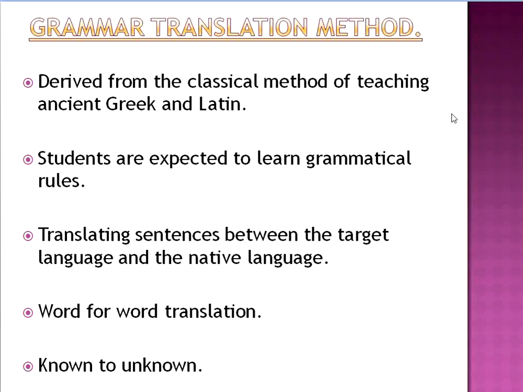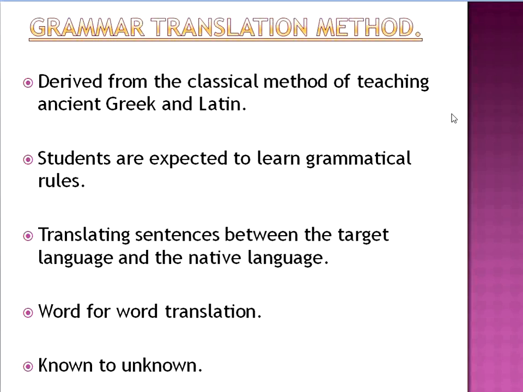What is the third one? Translating sentences between the target language and the native language. Of course, this method is related to translation. What are the two languages basically involved in this method? The first one is the mother tongue, the native language, and the second one is the target language. Target language refers to English.